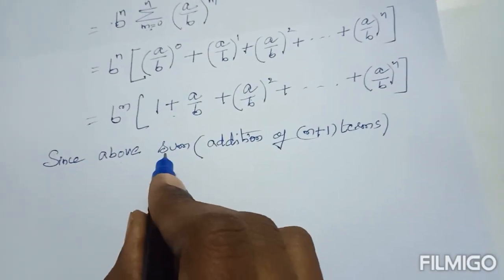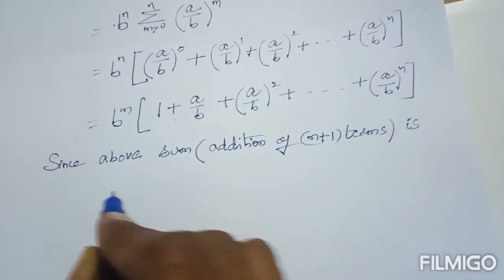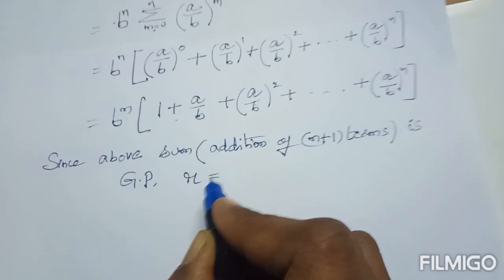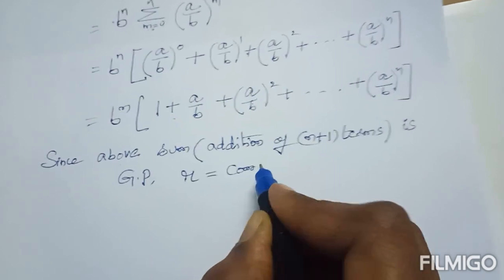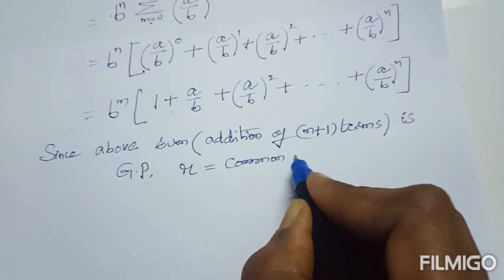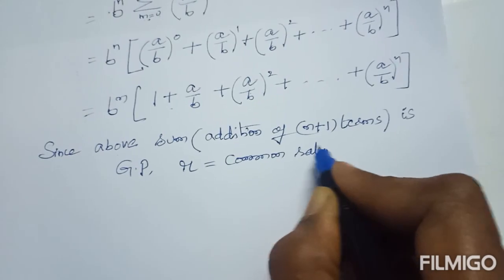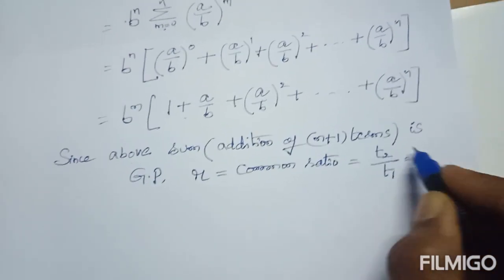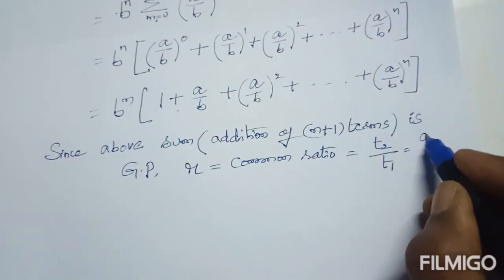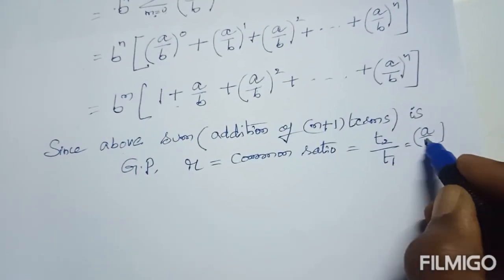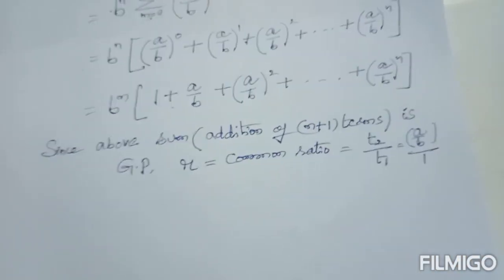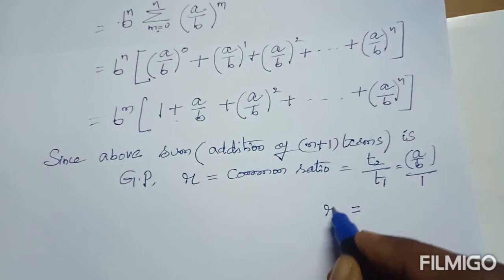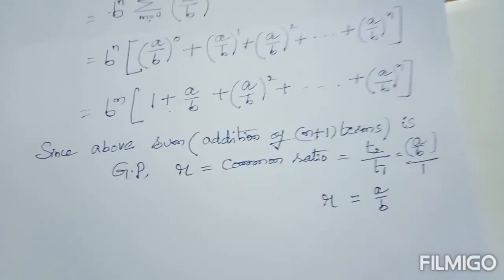Since the above sum is in GP, geometrical progression, we need r equal to the common ratio, which is obtained by taking the second term by the first term. The second term is a by b, the first term is 1, so the r value equals a by b.